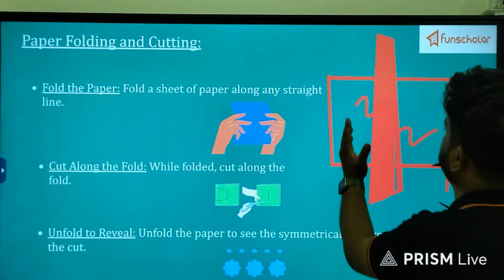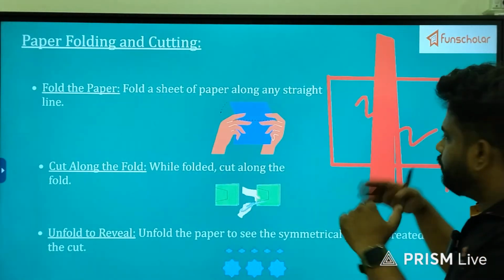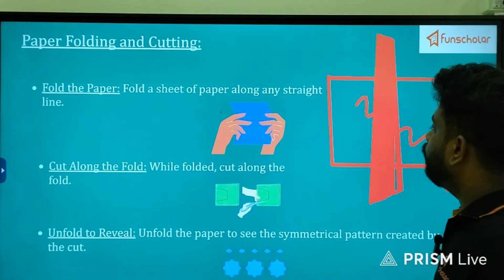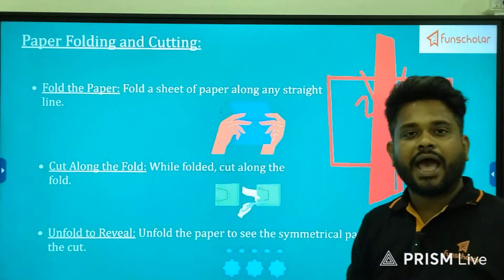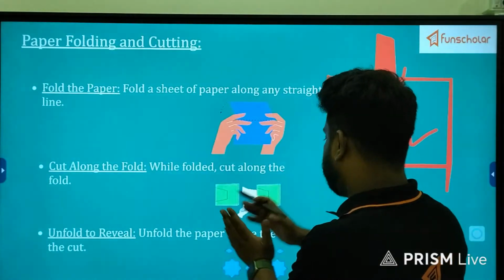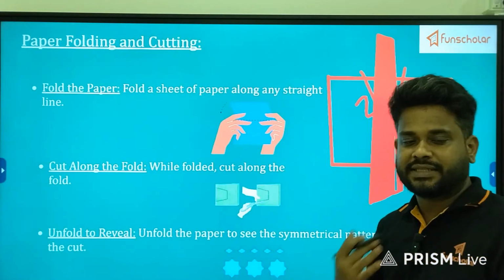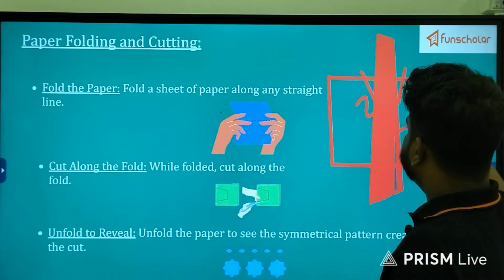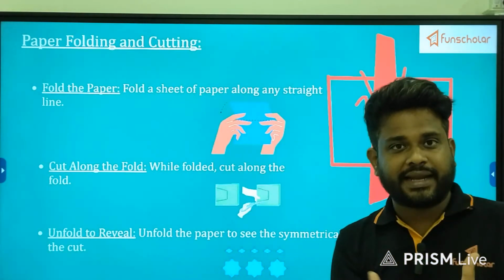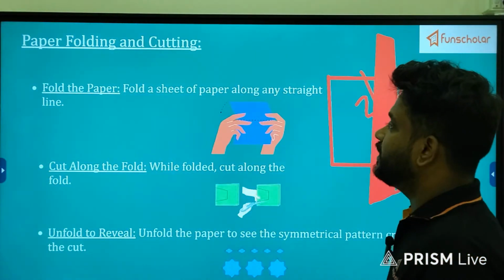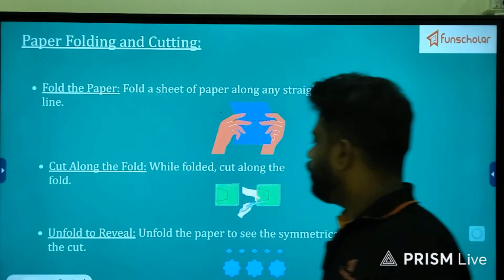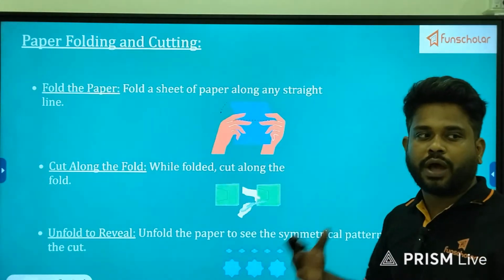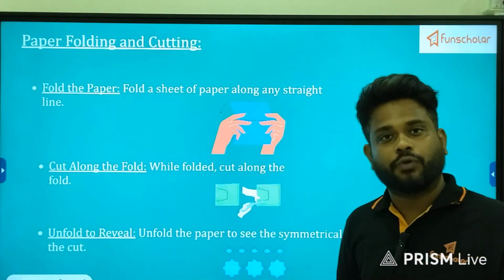Okay, and after folding the paper, you cut the paper again just like this, taking a shape. And after opening it, you will see that this shape is spread across the whole paper. So this is another example of how symmetry works, or how a symmetrical figure is formed.